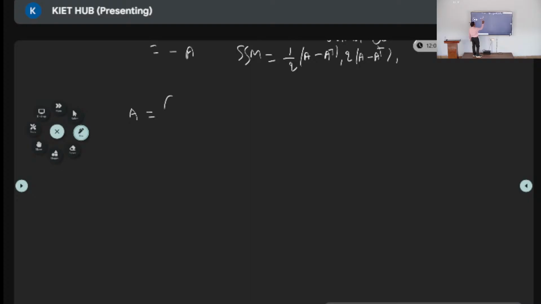A is equal to 1, 2, 3, 4, 5, 6, 7, 8, 9. What is its skew symmetric matrix?